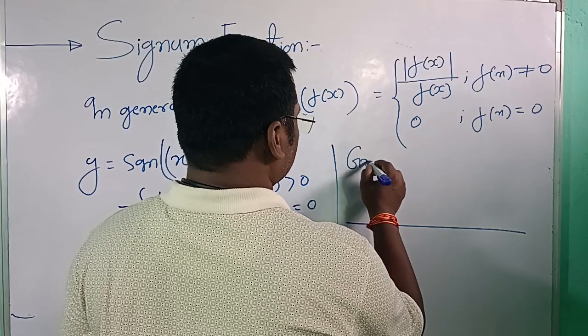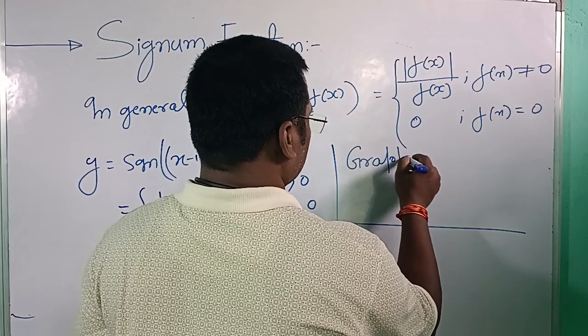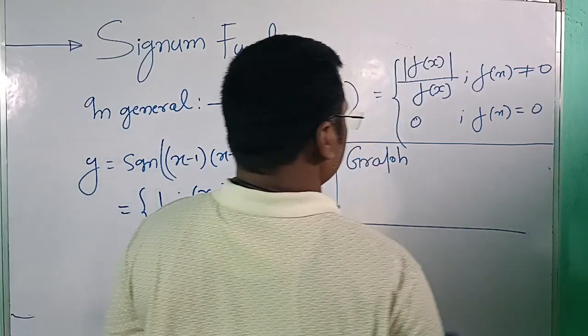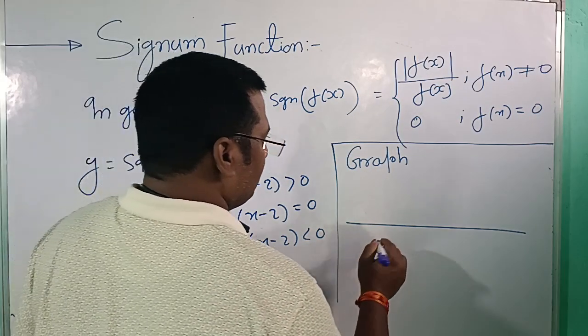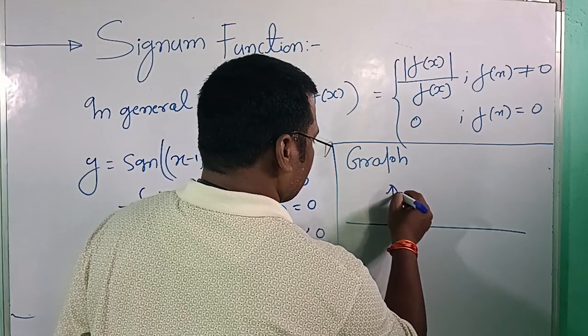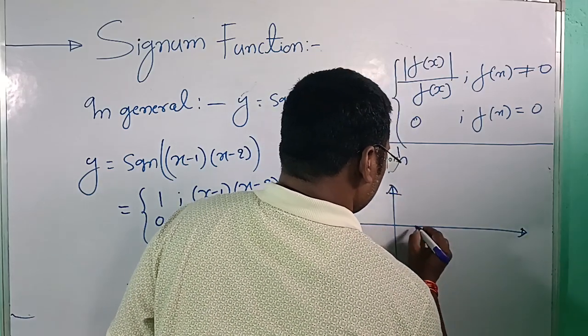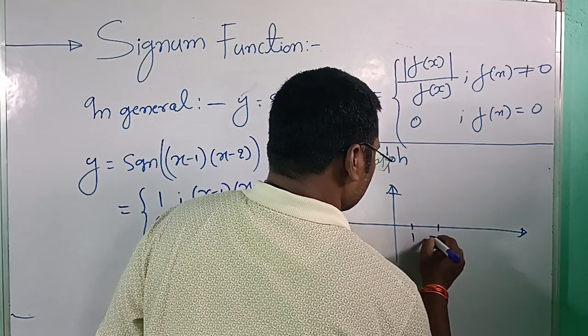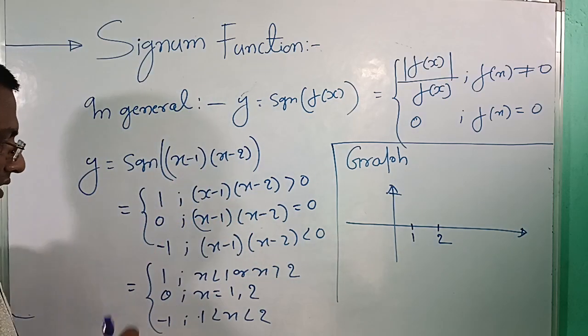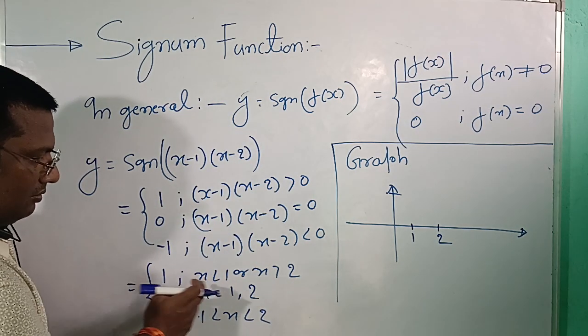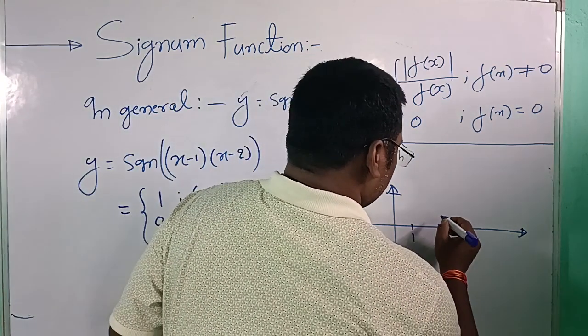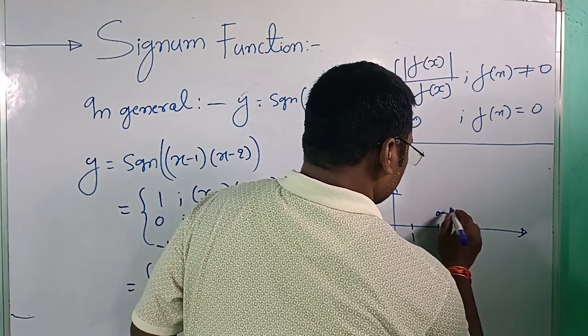If you discuss its graph, the graph will be like this: this is 1, this is 2. It will be 1 if x less than 1 and x greater than 2.